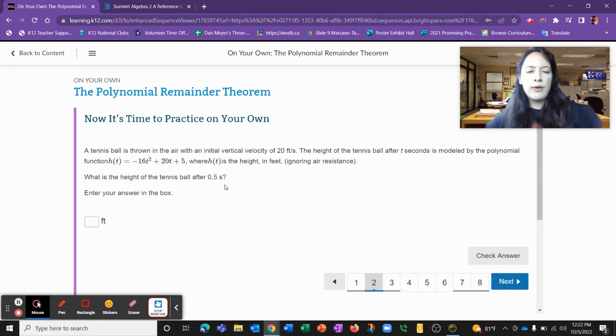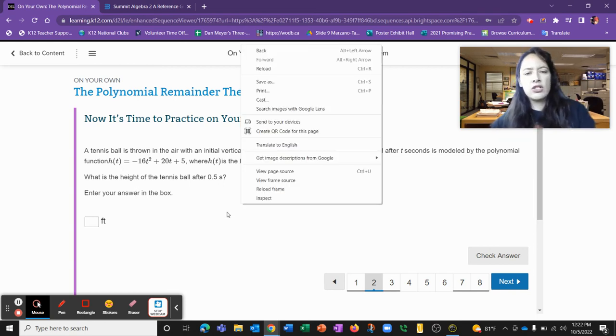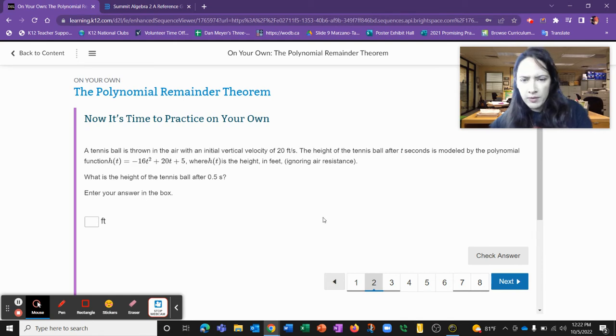So parabolas and quadratic equations are very useful for modeling things thrown, projectile motion. So let's see. A tennis ball thrown in the air, initial velocity of 20 feet per second, the height after t seconds is modeled by the polynomial where h of t is the height in feet, ignoring air resistance.